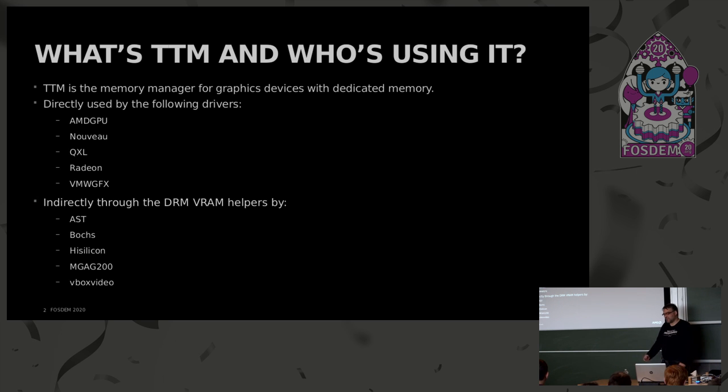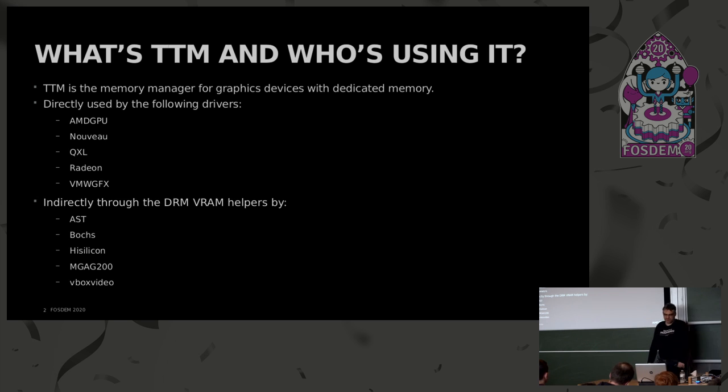The acronym TTM originally stands for Translation Table Manager, but by today's standards, that's as inaccurate as it could be, because TTM is managing quite a bunch of things, but not translation tables anymore. It used to manage translation tables for AGP, so that's where that came from.